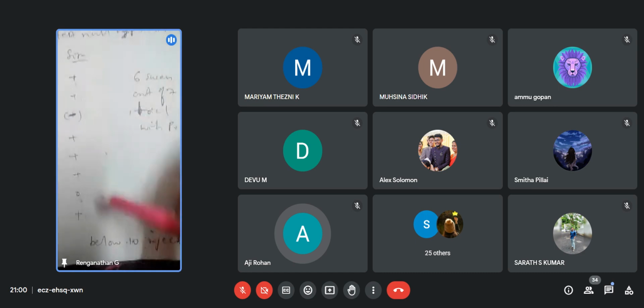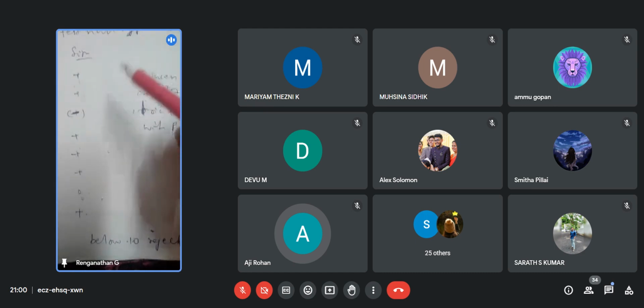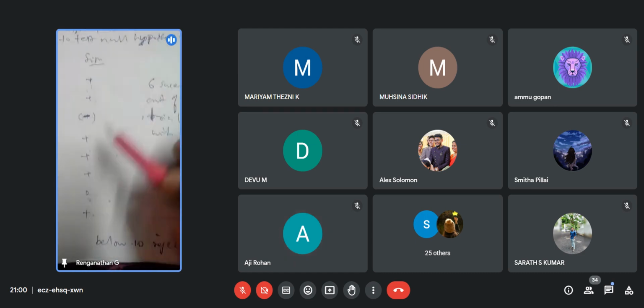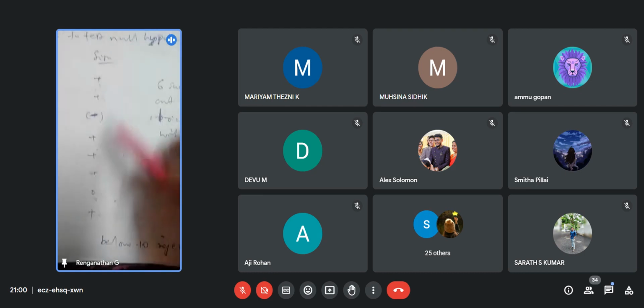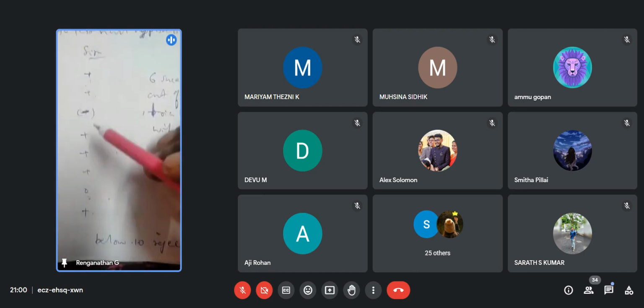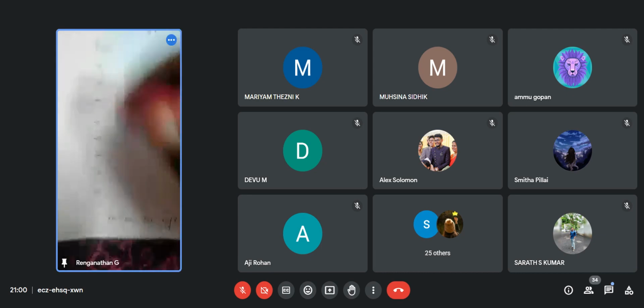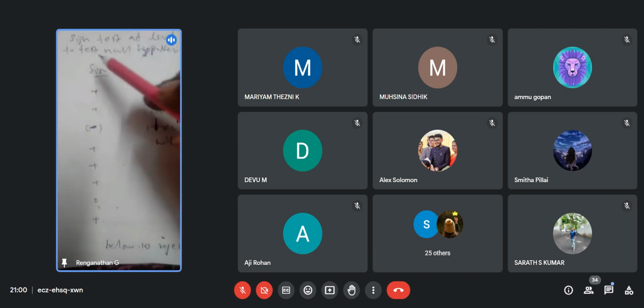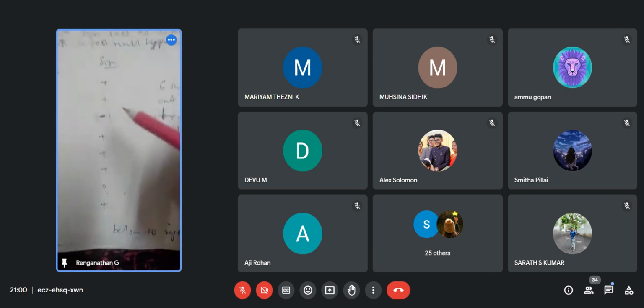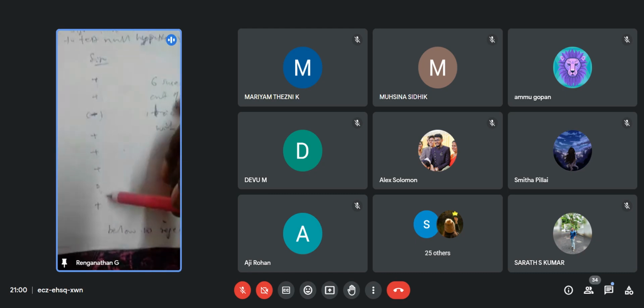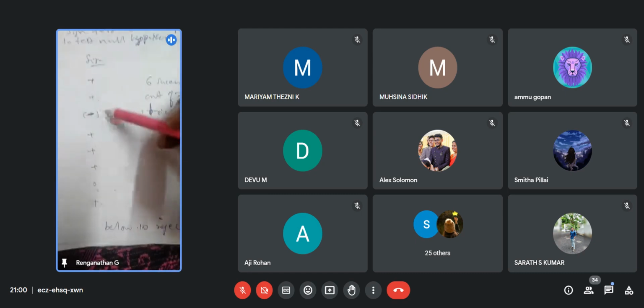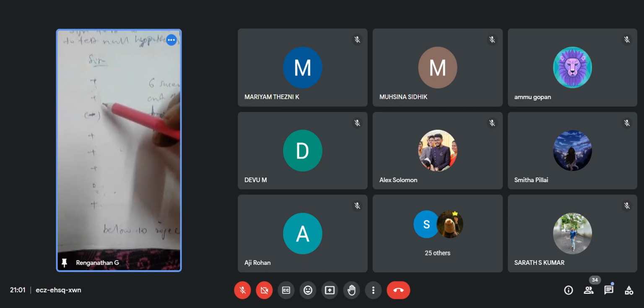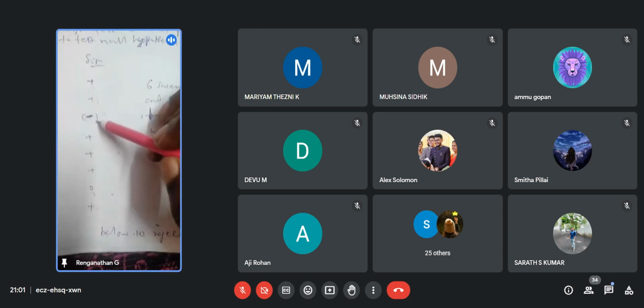That means out of 7 trials, 6 successful events happened. These signs indicate that we conducted 7 trials, out of which we succeeded in 6 and failed in 1. That is what is indicated by this minus.